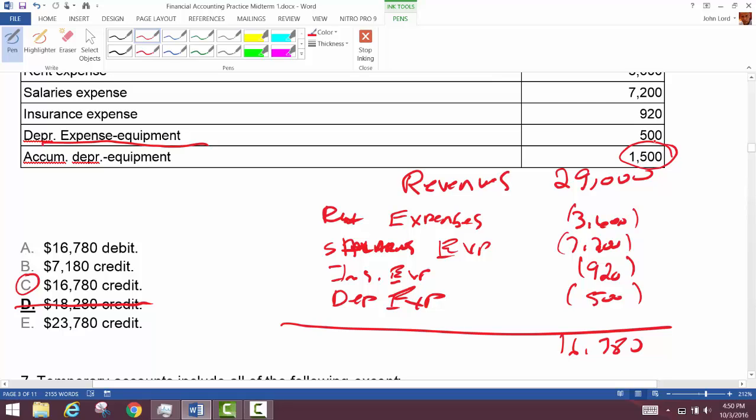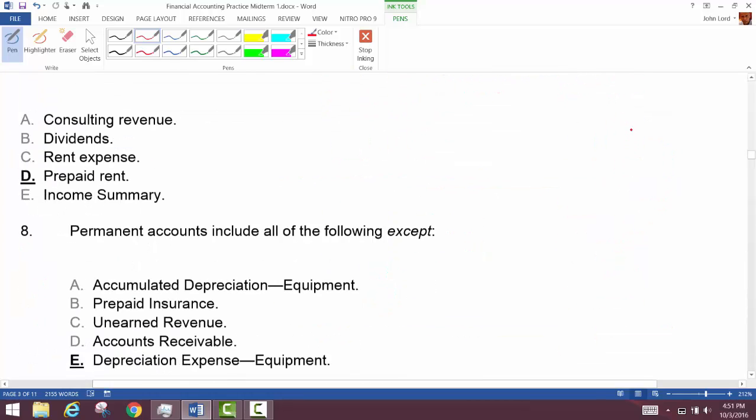It would end the year with 2,000 in it, wouldn't it? We would have debited depreciation expense and credited accumulated depreciation for $500, and accumulated depreciation just rolls forward period after period until we finally sell the asset, right? Okay. Okay, good.